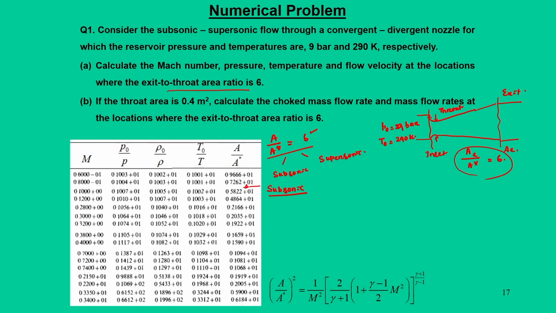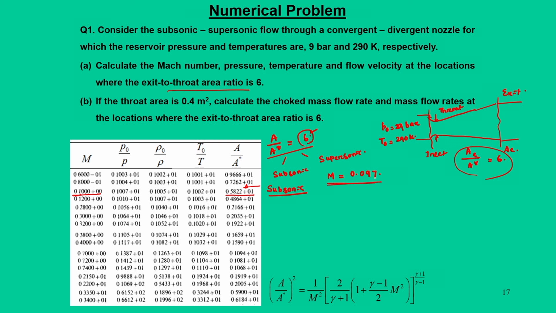We will have an area ratio close to 6 slightly below a Mach number of 0.1, and at 0.1 this value is 5.82. So, I can choose a value slightly less than that, and the approximate Mach number would be 0.097.